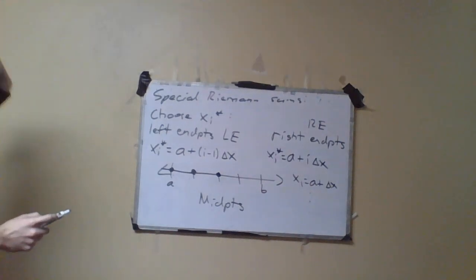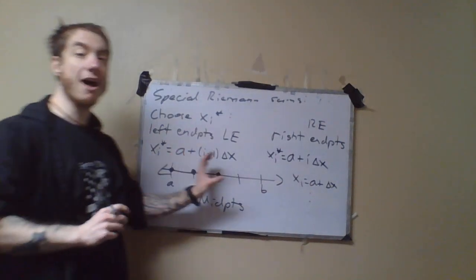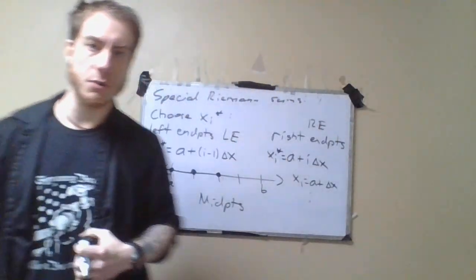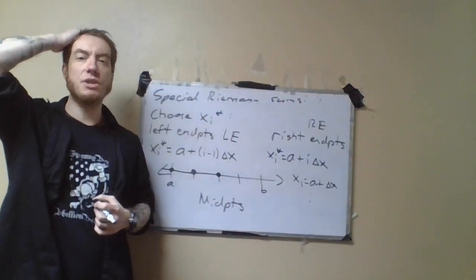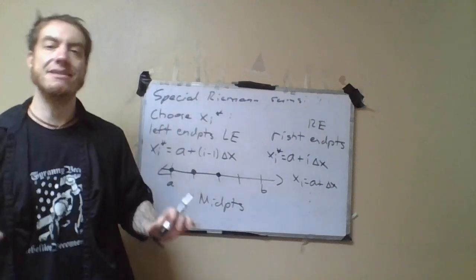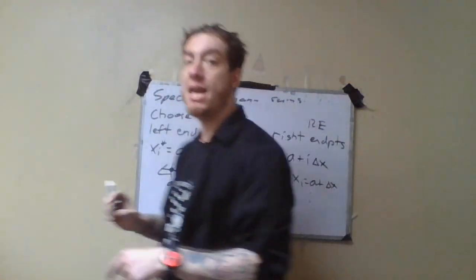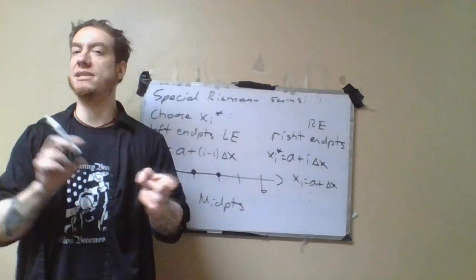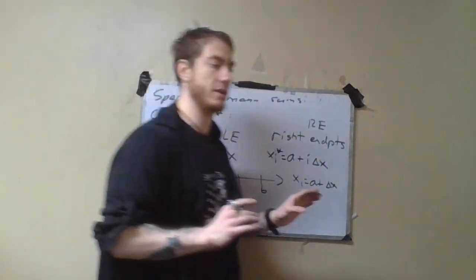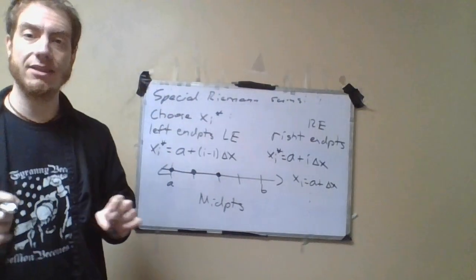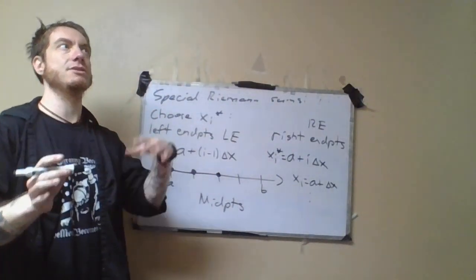Now, the thing is, these are only 2 possible choices. And really, in order to deal with the Riemann sums, we need to show that these limits exist independently of our choices. And that's where things can get a little bit tricky. It's also kind of where things get messed up in certain technical examples. So it's not hard just because it's hard in itself.